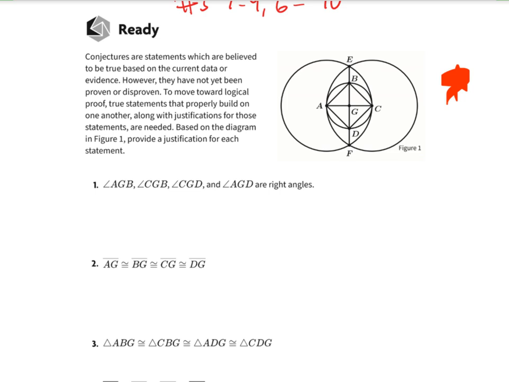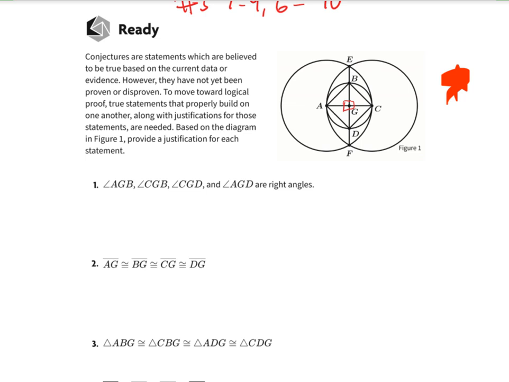So if we look at this, we have angles AGB, CGB, CGD, and AGD are right angles. So it looks like they want us to see that these are all right angles. Do we have enough evidence to say that?